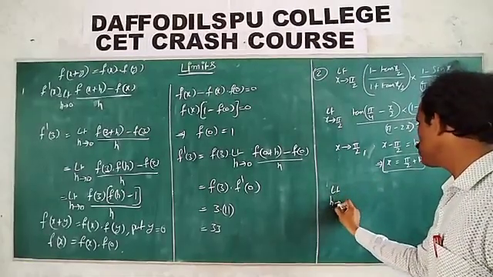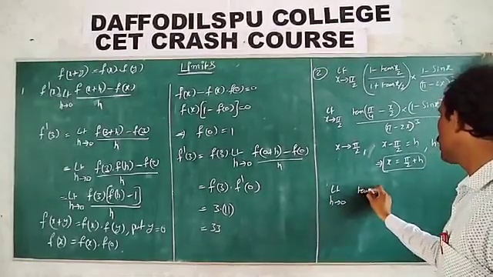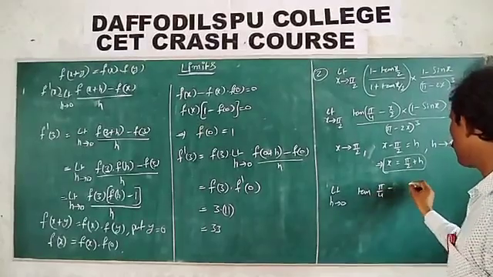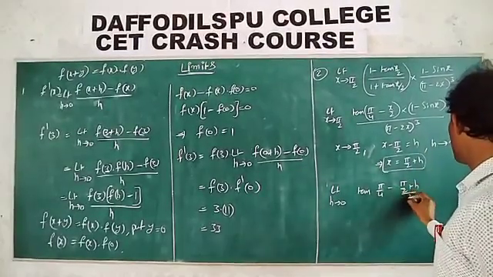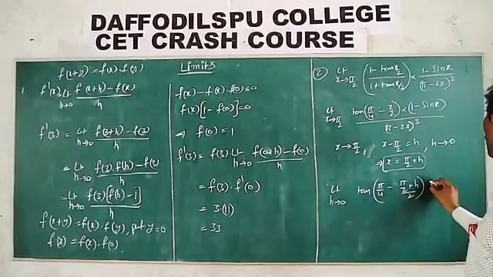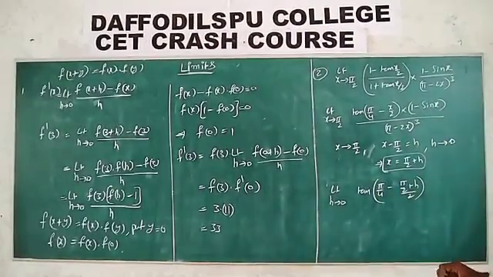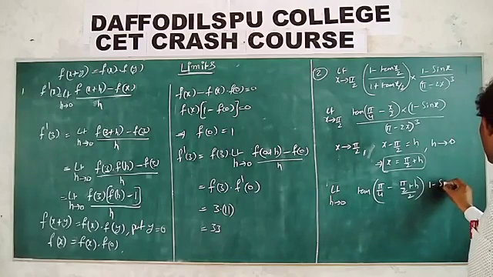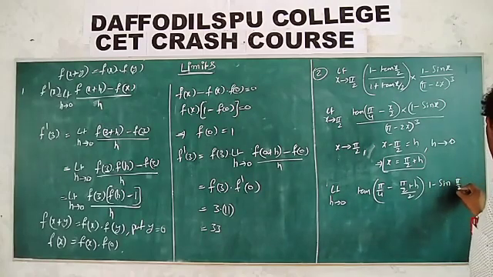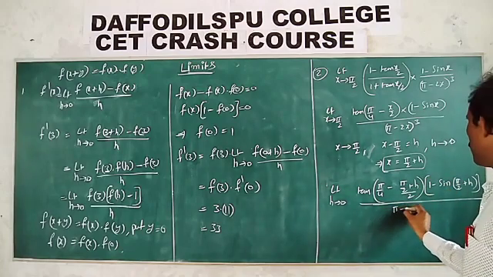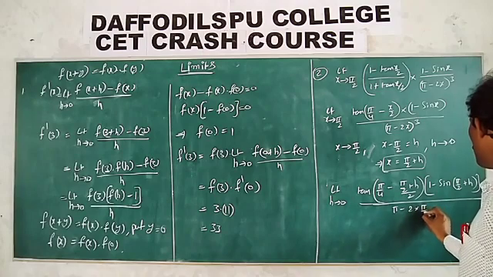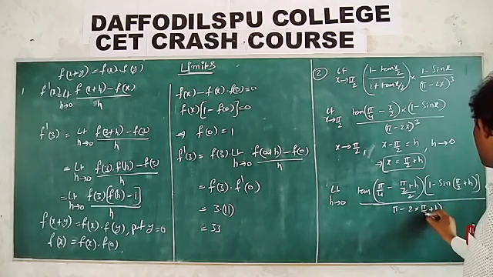Therefore, limit h tends to 0, tan of (pi by 4 minus (pi by 2 plus h) divided by 2), into 1 minus sin x, where 1 minus sin x can be written with x as pi by 2 plus h, divided by (pi minus 2 into (pi by 2 plus h)) whole cube.